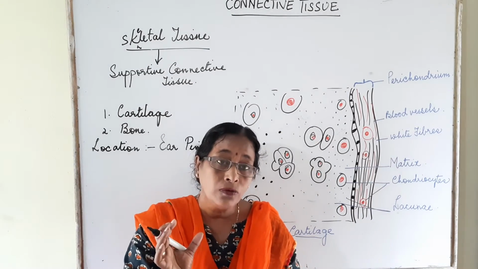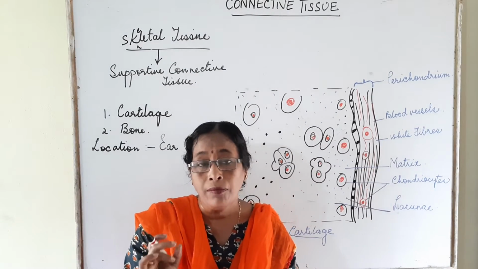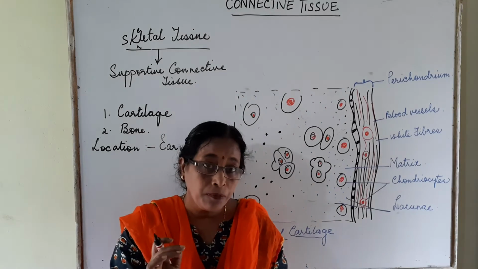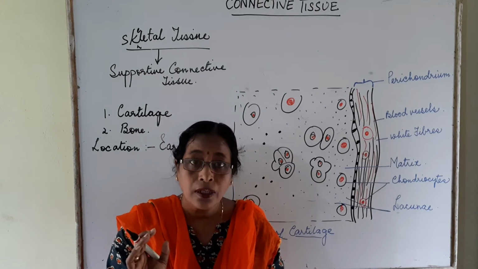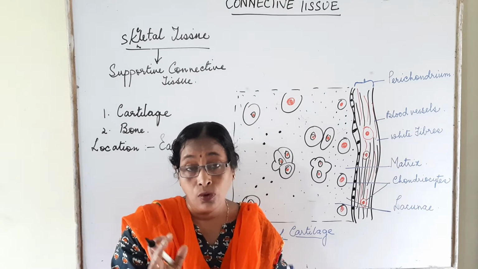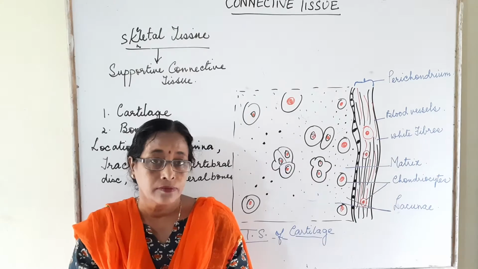Then it is found in certain internal organs also. You have heard about bony fish and cartilaginous fish. An example of cartilaginous fish is shark. The endoskeleton of shark, in fact the total body of shark, is made up of cartilage.